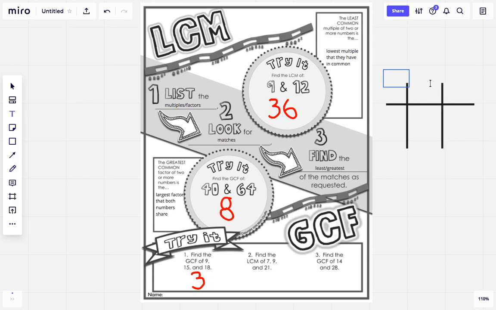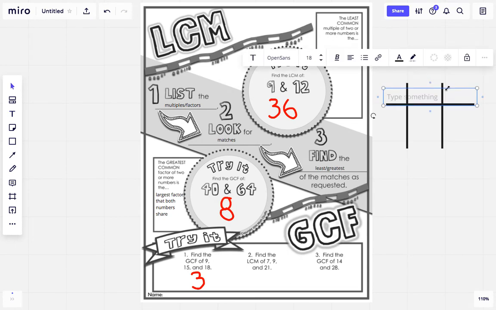And then I'm going to list out my numbers. We have 7, 9, and 21. So we'll start with multiples of 7. So we have 7, 14, 21, 28, and we'll stop there for now and we'll add on more if we need to.